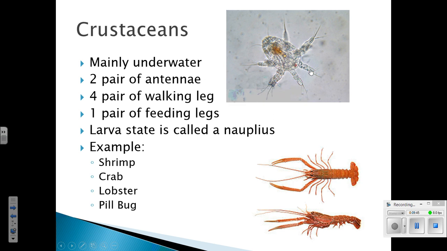So obviously that looks a lot different than an adult lobster. So it's going to be more see-through, more like a larva for an insect. So some examples are shrimp, crab, lobsters, and pillbugs. Pillbugs are actually land creatures, but you will find them in very moist areas, like in wet basements and things like that.